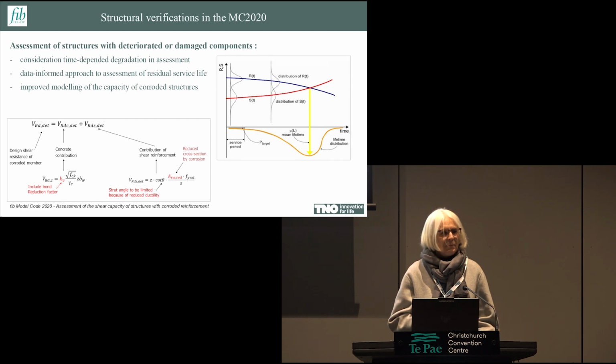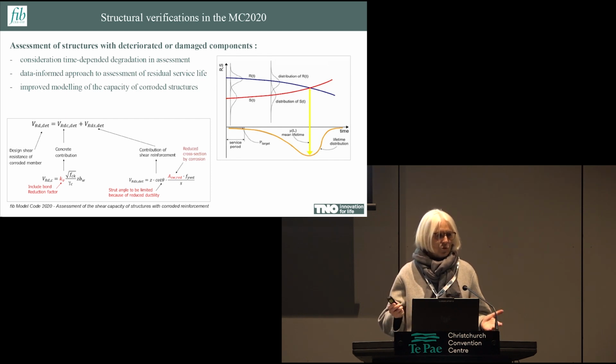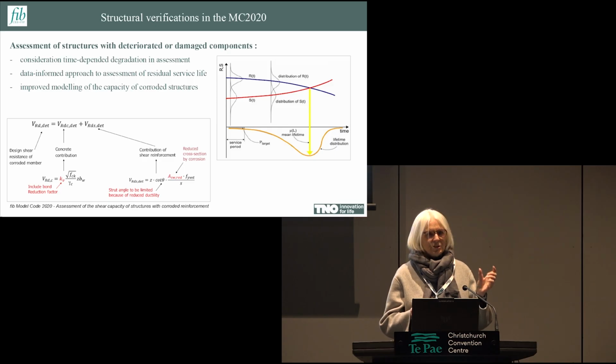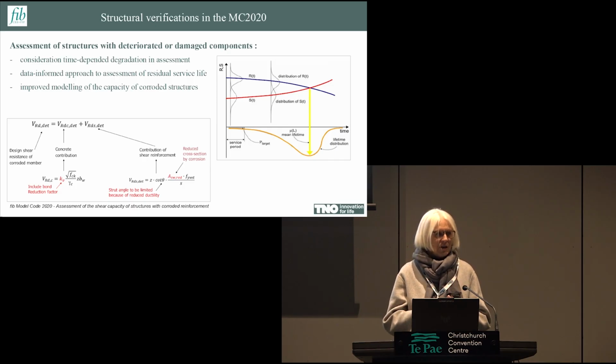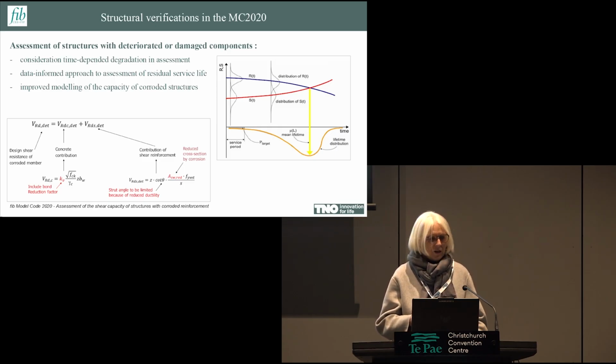Well, here is an example of how that is included in a particular model, where you see each of these modifications has a reasoning behind it, which follows from how, in that case, corrosion influences aspects of behavior. How does it change the capacity of the rebars? How does it affect crack formation? How does it affect, in that case, the bond behavior, which is obvious, and also how it develops in time.